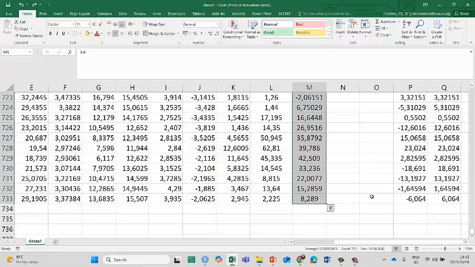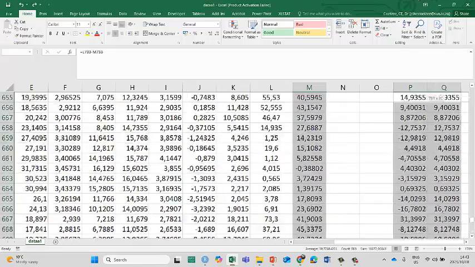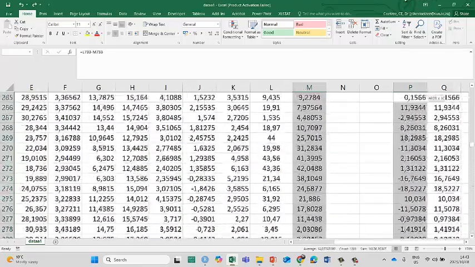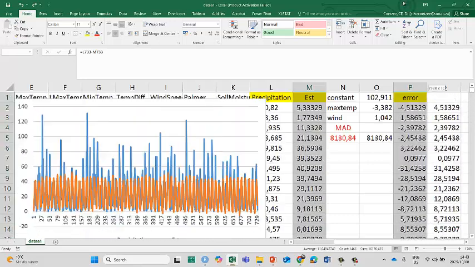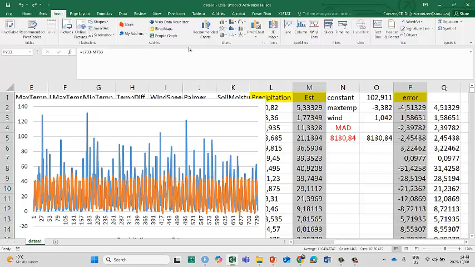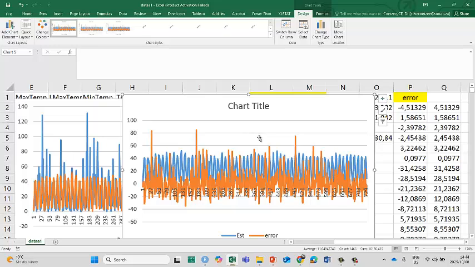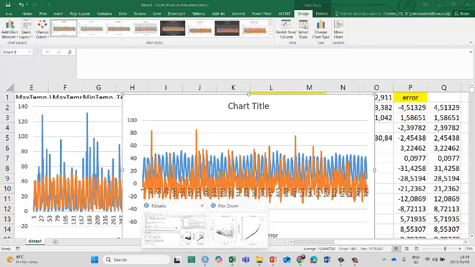And this one, our error term. I shouldn't have done that, but let's quickly run it. It gives us this. Okay. However, it doesn't give this graph.